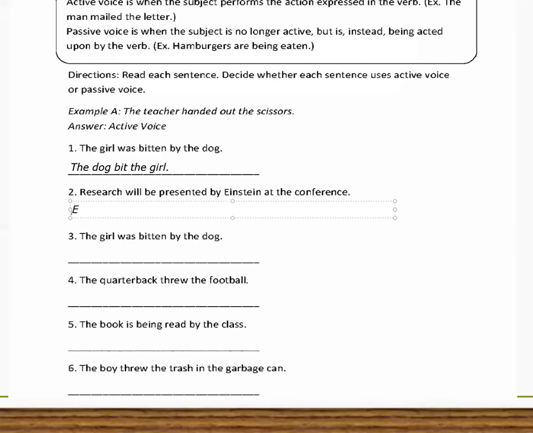So first of all, Einstein. Will be is the auxiliary verb of future indefinite. So future indefinite will. Einstein will present.